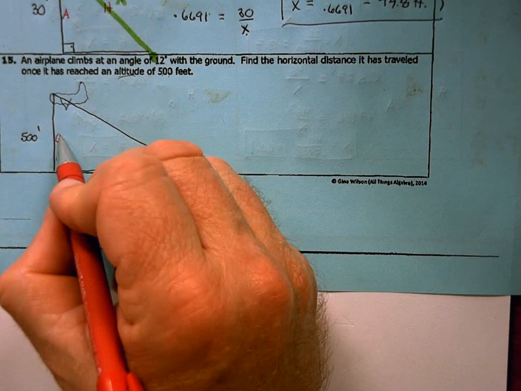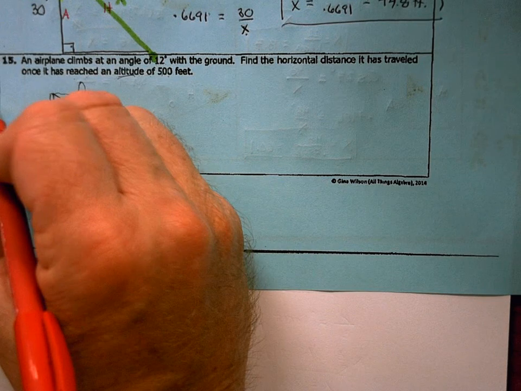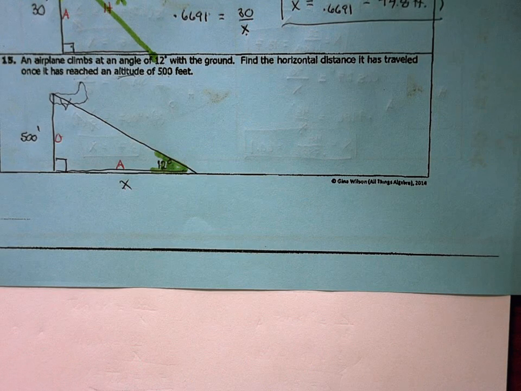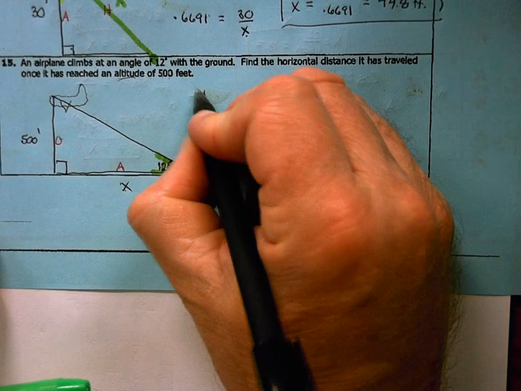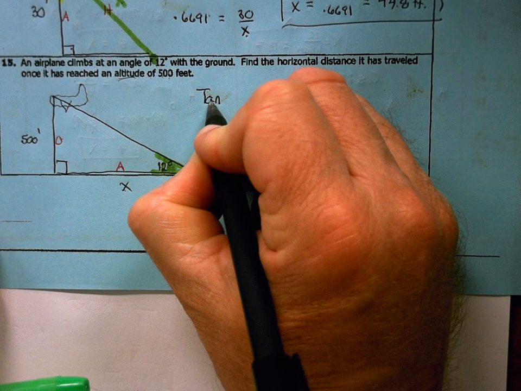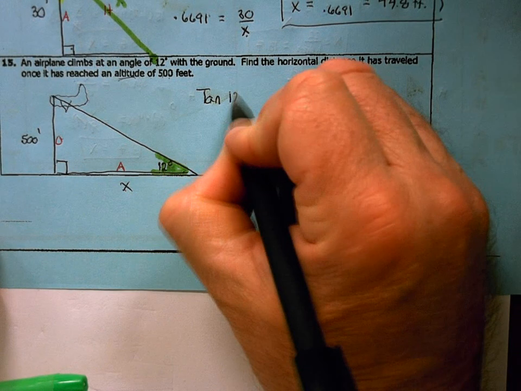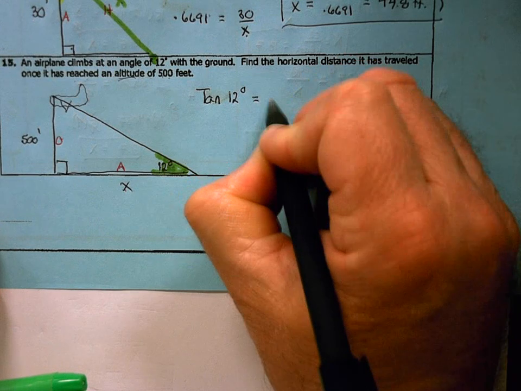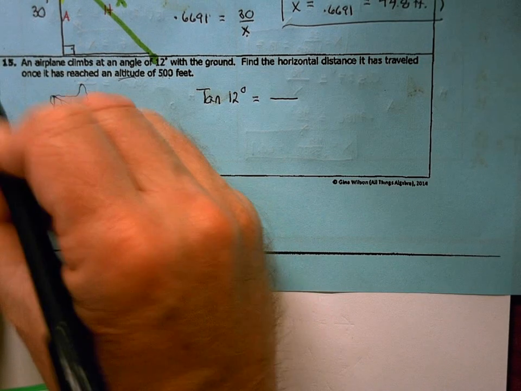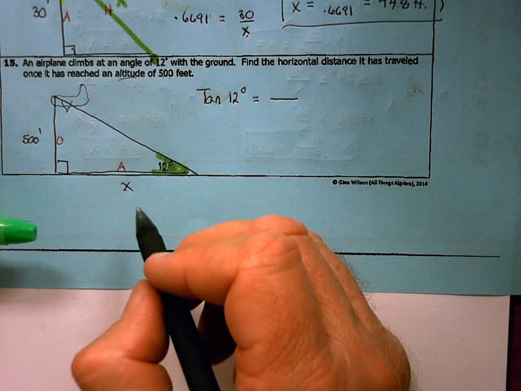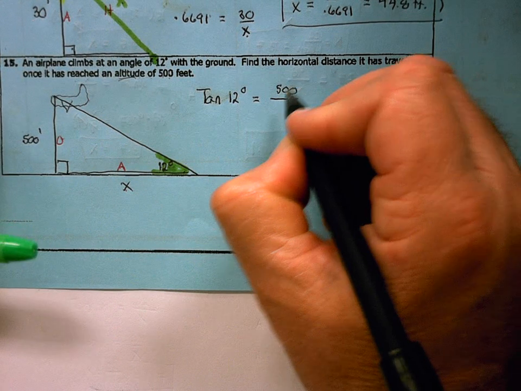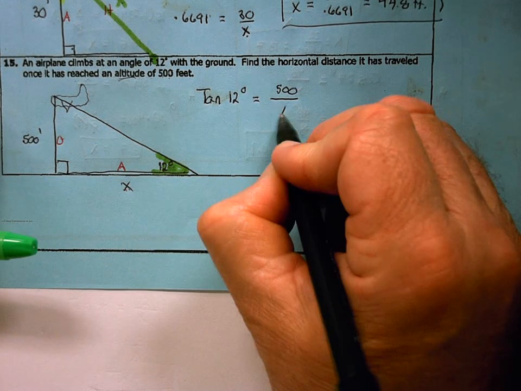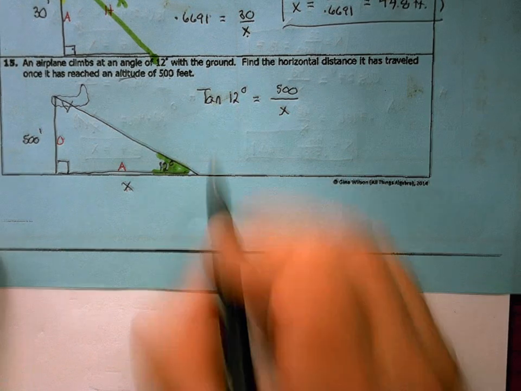Opposite and adjacent tell me it's a tangent problem. Tan. Write the angle, which is 12 degrees. That's going to be equal to, and then we put a fraction. Tangent is equal to however long the opposite leg is, which is 500 in this case, over the adjacent leg, which is x in this case. That's what we're finding. Okay, there's your equation.